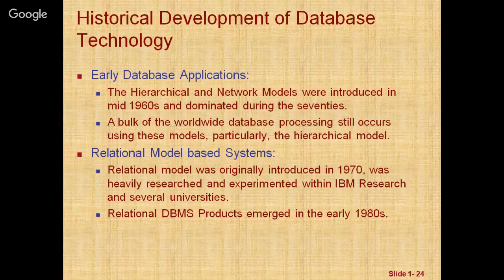Well, early database applications used hierarchical and network systems. Many early database applications maintained records in large organizations such as universities, hospitals, and banks. In these applications, there were a large number of records of similar structure, so there were many interrelations among these records.